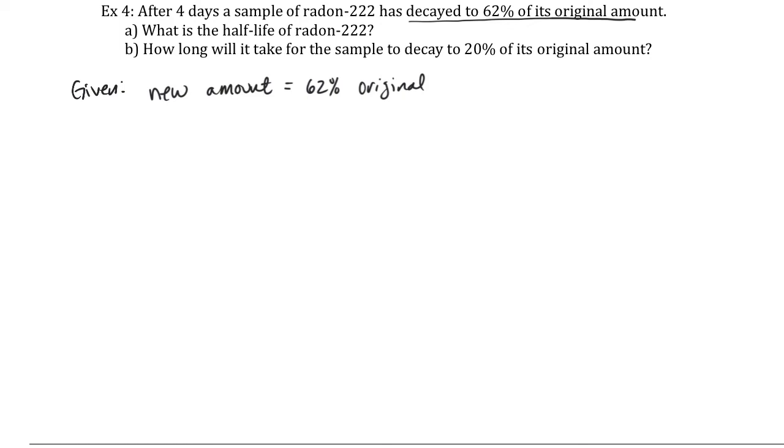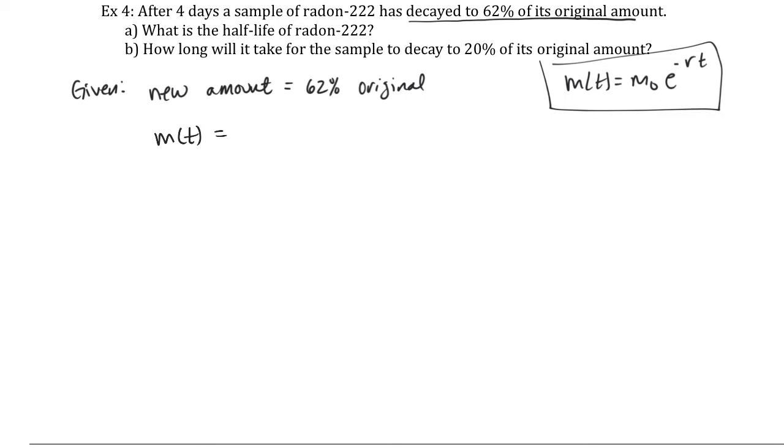Now, my original is what we're calling m naught in our equation. So we've got m of t equals m naught times e to the negative rt. So that's our model of decay. All right, so we have our new amount, which is m of t.